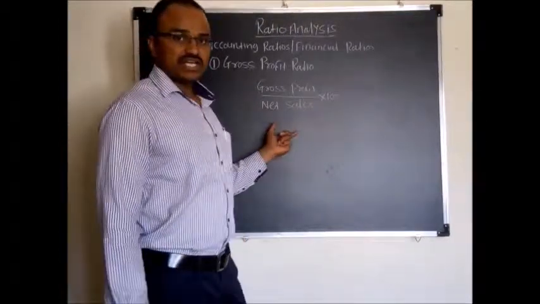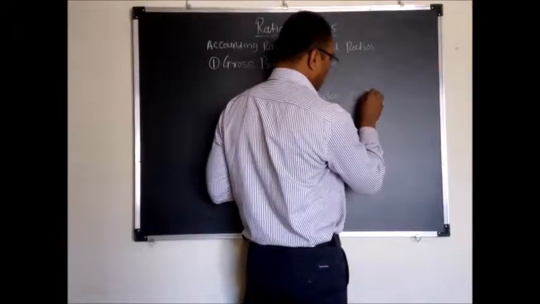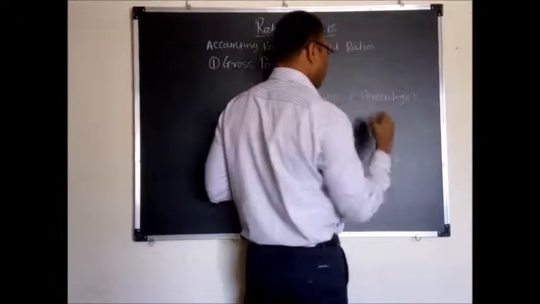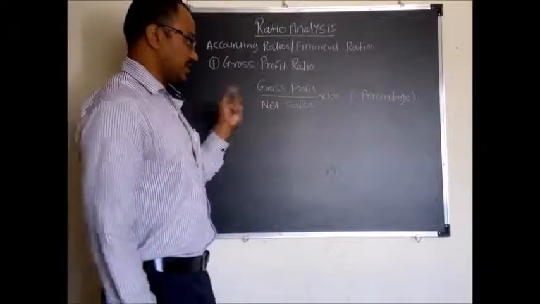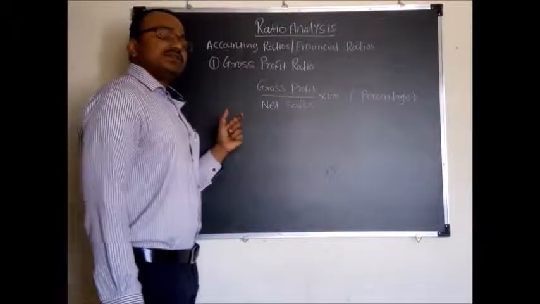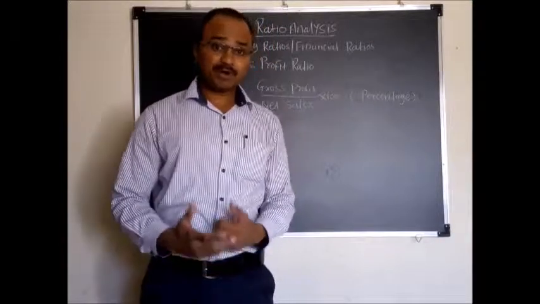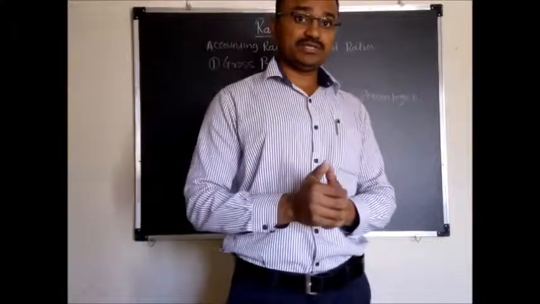And this ratio is expressed as percentage. We express gross profit ratio in percentage. This gross profit ratio shows the profitability of the business, or gross profitability of the business.